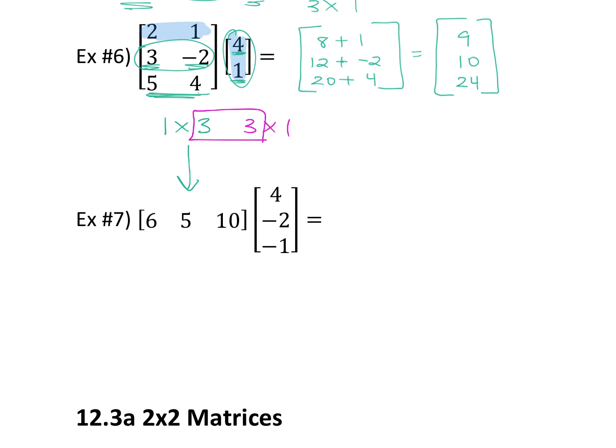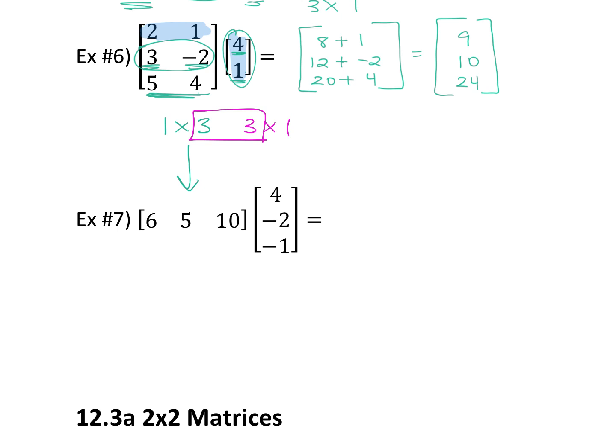So my answer should be a what? 1 by 1. You have one number. Okay. But flip that. If they rearrange these and they put the 3 by 1 first and the 1 by 3 second, what are the dimensions of that answer? 3 by 3, right? So they are not commutative. Make sure you do them in the order that they're given and you'll be golden.